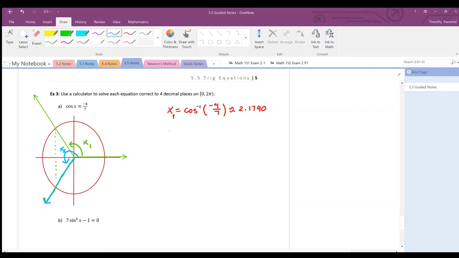Okay. In order to find the second answer, could be a little bit tricky. You might note to yourself, well, hey, I know it's pi radians to get to here. Okay. So that's one thing. And if maybe we could figure out what this angle here is, we could do pi plus that to get our answer.